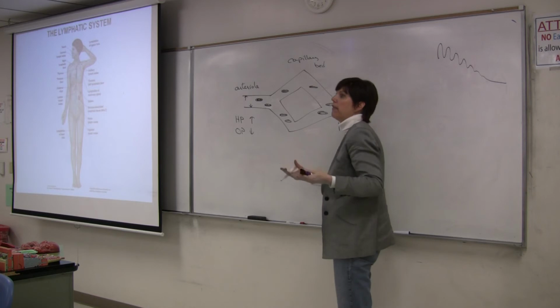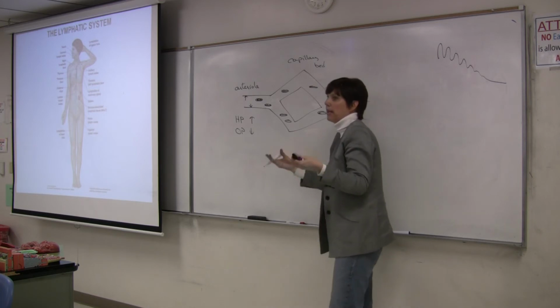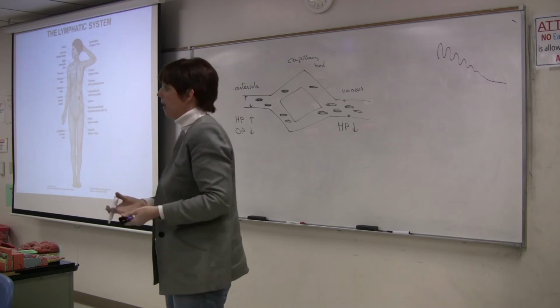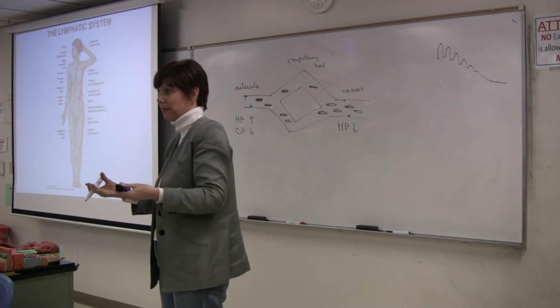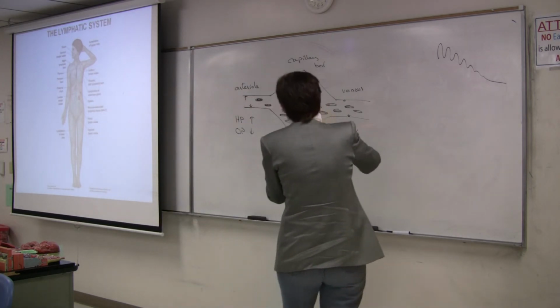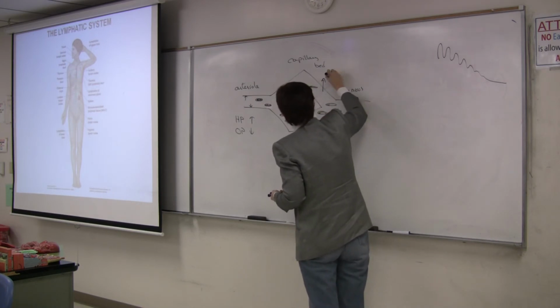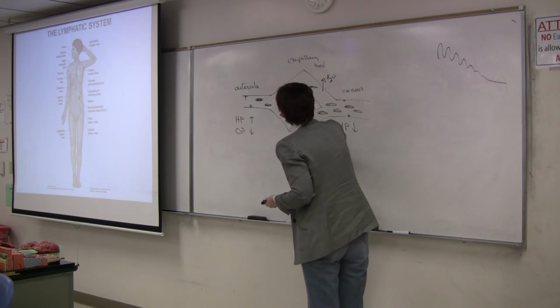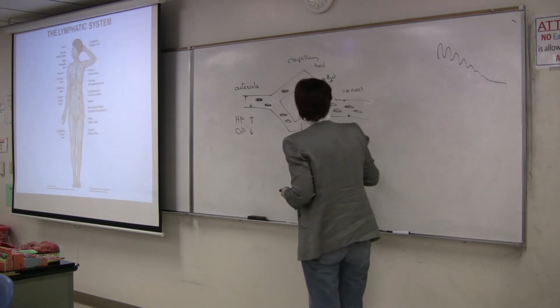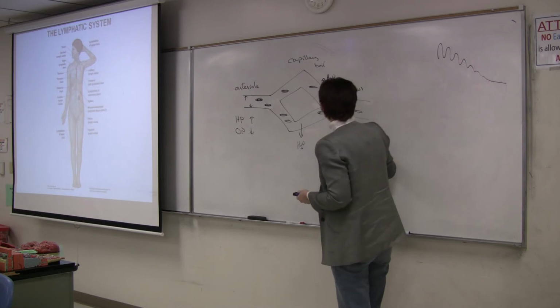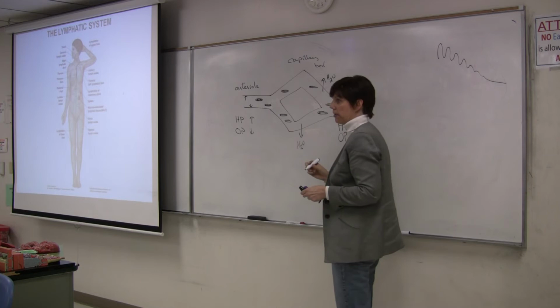It's like having water evaporate. You've got a bucket of salt water, you leave it outside, the water evaporates, but the salt stays behind and it gets saltier. Okay? So some of this fluid has been forced out of the capillary bed by that higher hydrostatic pressure. And so now our osmotic pressure, relatively, is higher than our hydrostatic pressure.